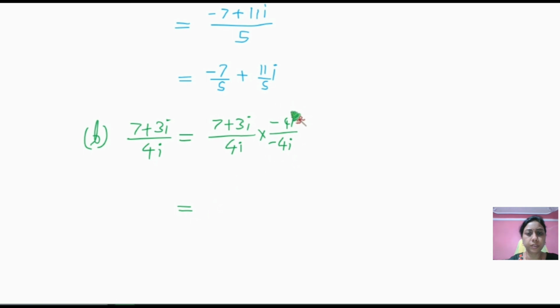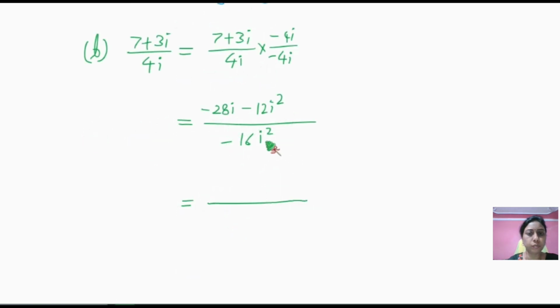Now simply multiply numerator with numerator and denominator with denominator. Minus 4i times 7 is minus 28i, and minus 4i multiplied with 3i is minus 12i square. In the denominator, 4i times minus 4i, so 4 multiplied with minus 4 is minus 16, and i times i is i square.